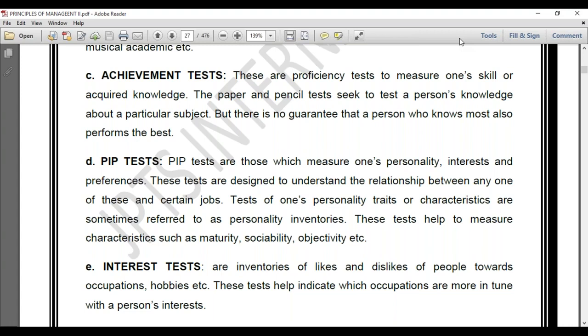Because your psychology will tell your manager whether you will tamper with those money or not. So PIP test measures your personality to know who you are, to know whether you are the kind of person that one can leave the office for with confidence and nothing will happen.